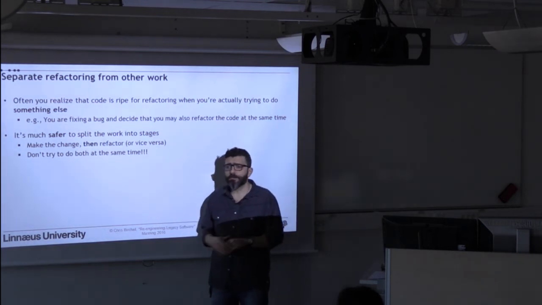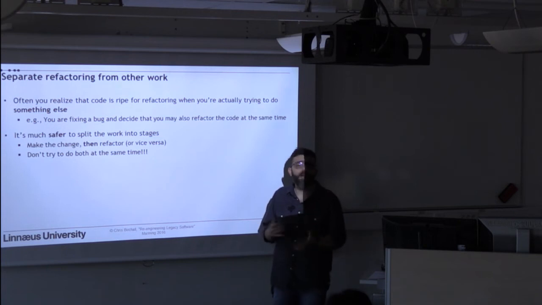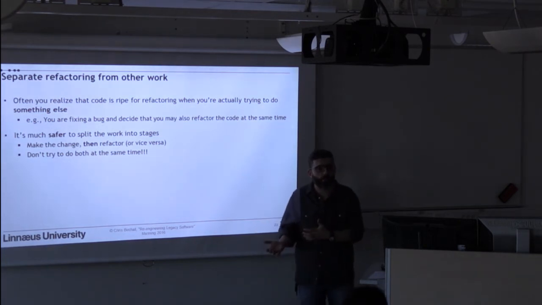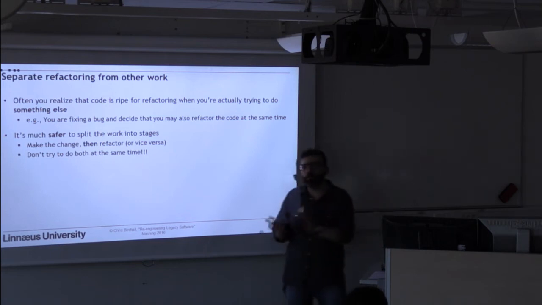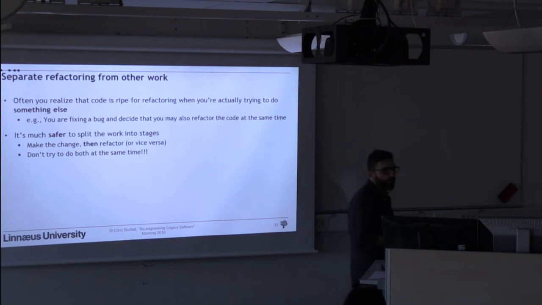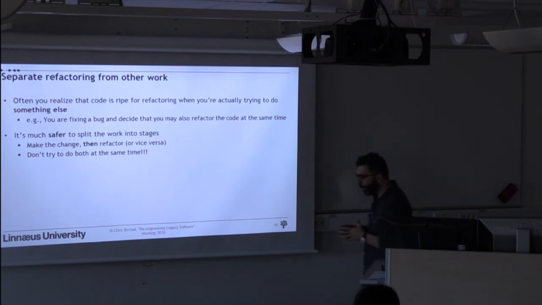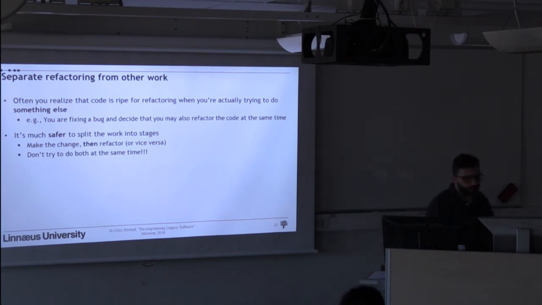Never do both things at the same time, because if you have some problems, then it's very difficult to understand if the new problems have been introduced because of the refactoring or because of the change. Then split the activities. If you focus on fixing the bug or making a change, do it and then refactor. Never do the two things together.